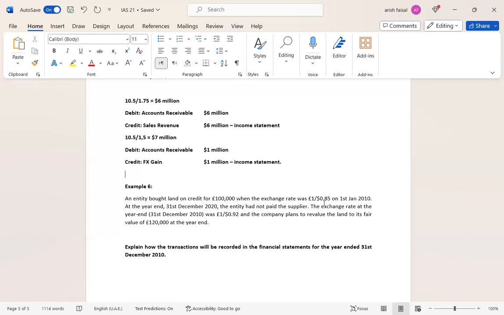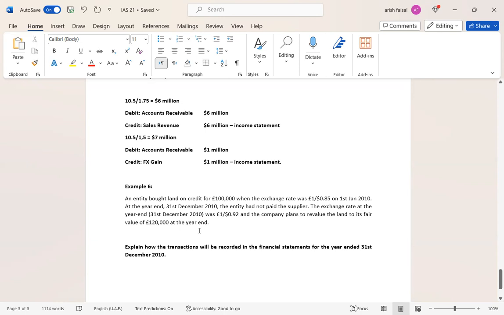On 1st of January 2010, and at the year end, 31st December 2010, the entity has not paid the supplier. The exchange rate at the year end was this much, and the company plans to revalue the land to its fair value of 120,000 at the year end.